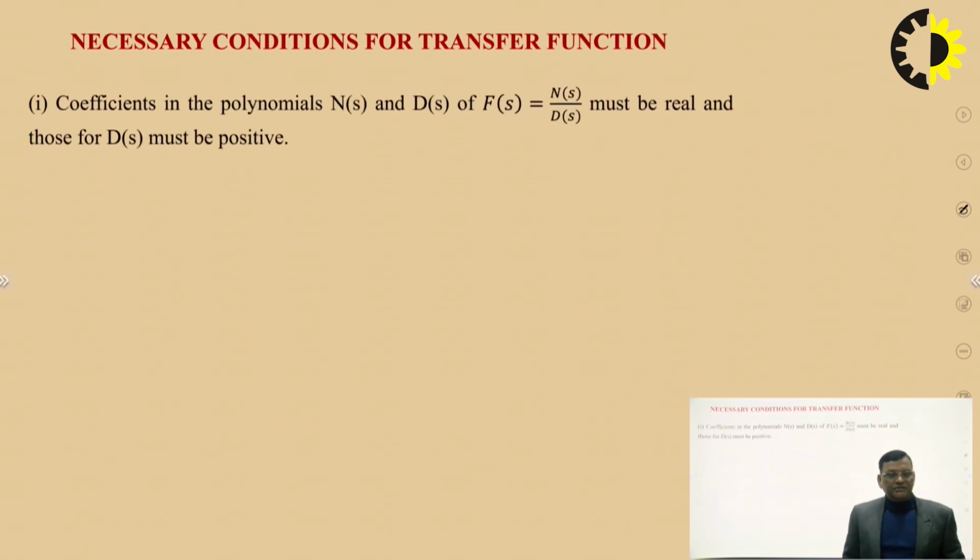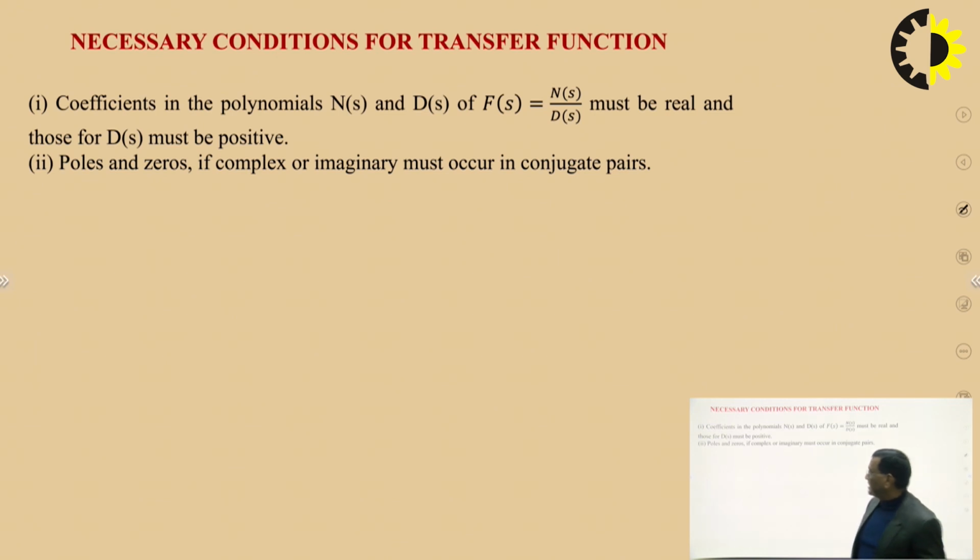Similarly, there are properties for a network function to be a transfer function. The coefficients in polynomials N(s) and D(s) of F(s) must be real, and those of D(s) must be positive. What does it mean? All the coefficients of D(s) must be real and positive, whereas some of the coefficients of N(s) may be negative.